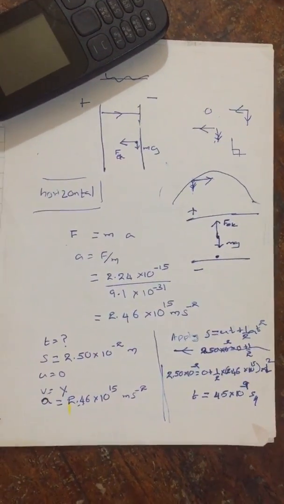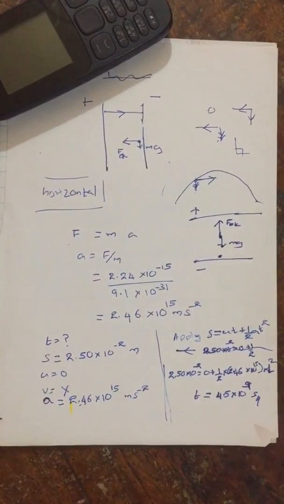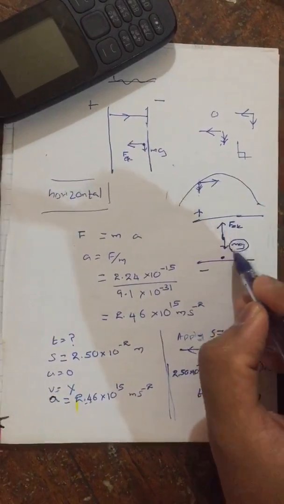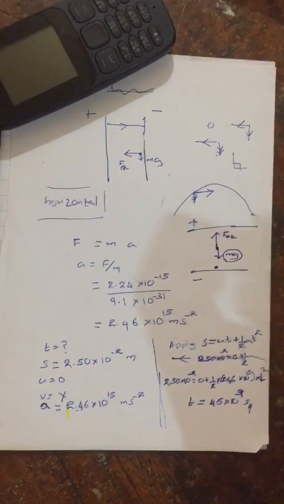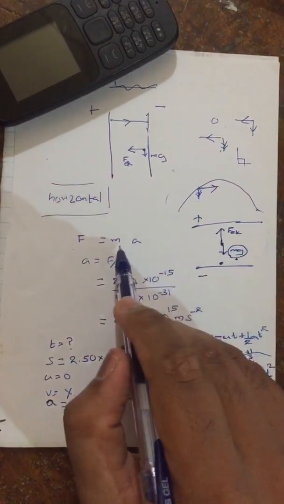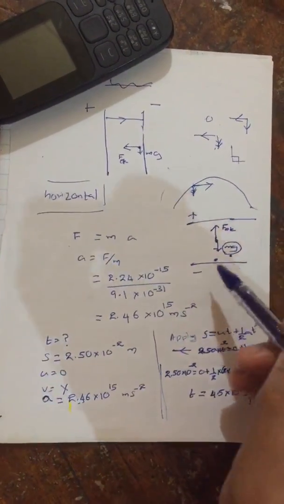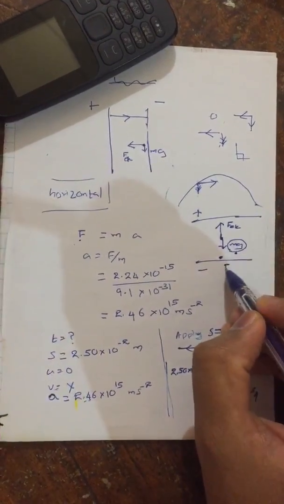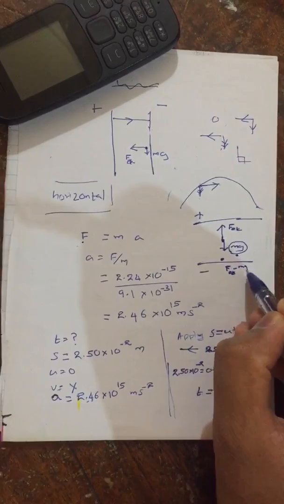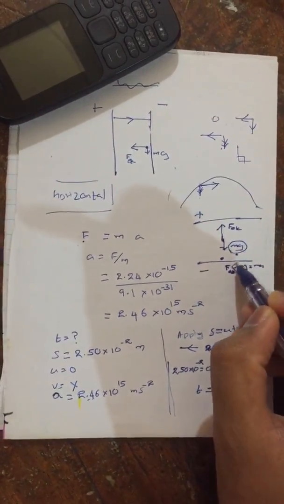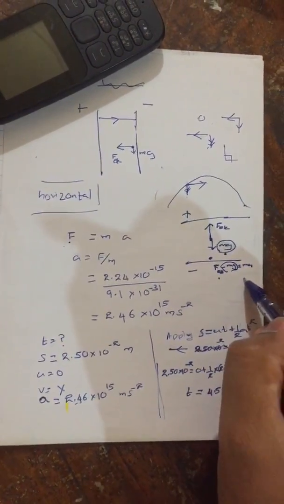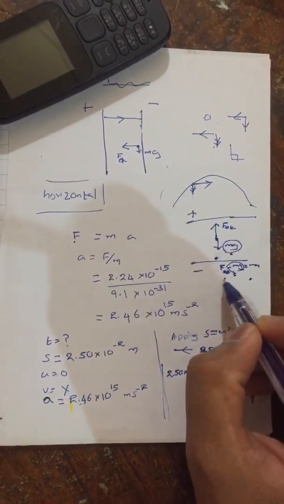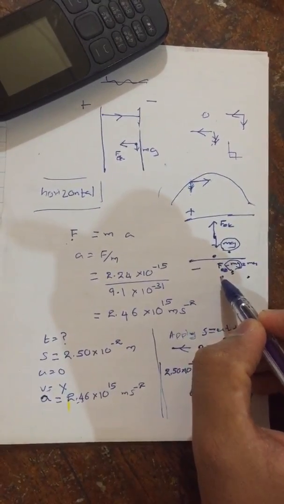During a calculation, if you want to get rid of mg and assume mg to be 0, for example, in this situation you're trying to apply F equals ma, rather than writing F electric minus mg is equal to ma, if you simply write F electric is equal to ma, then you are assuming mg to be 0, or comparatively smaller than the electric force.